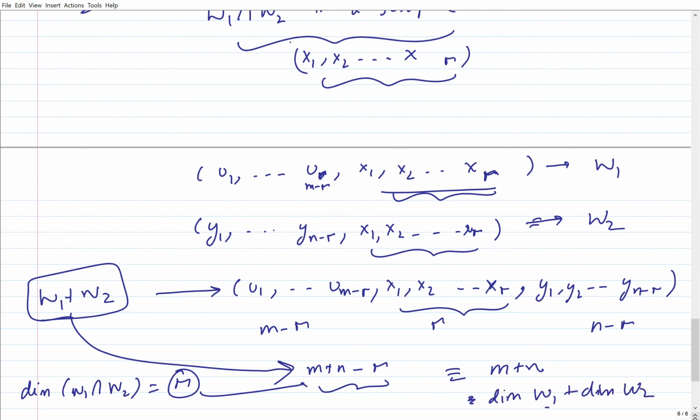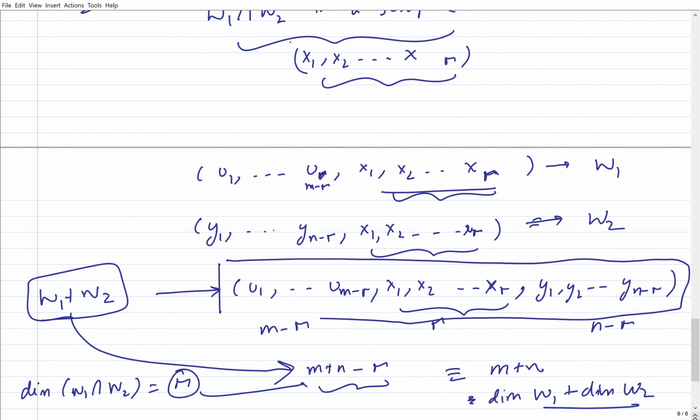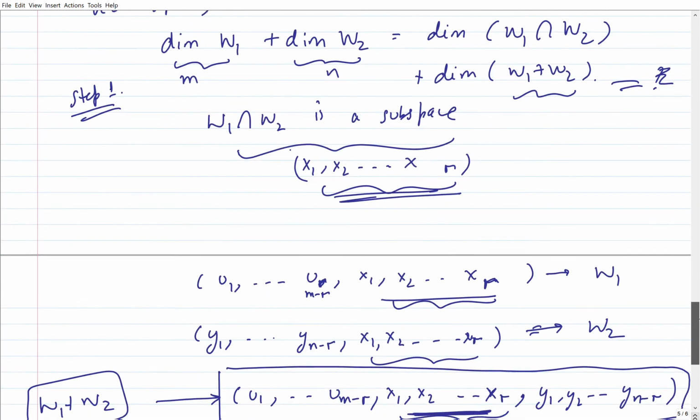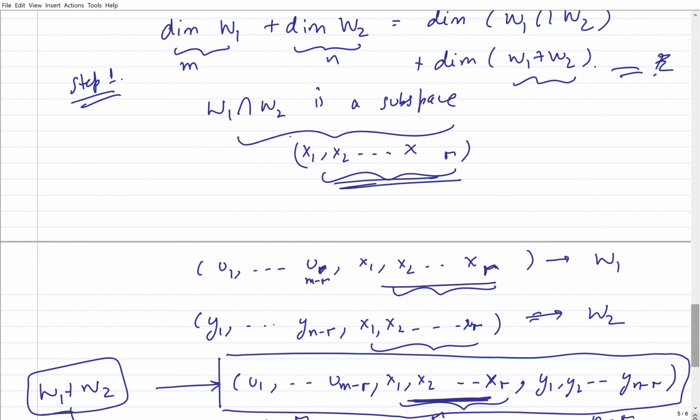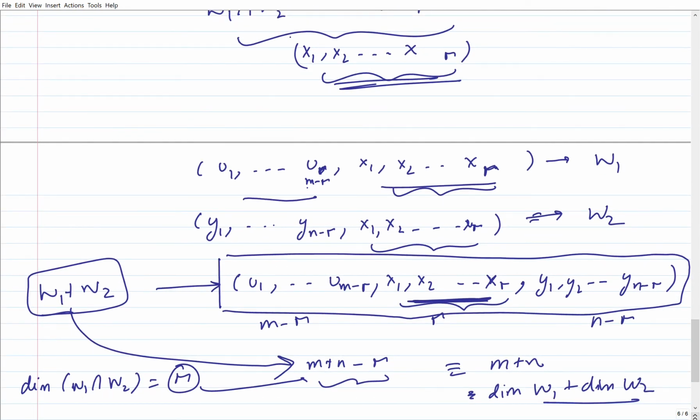So how are you going to prove that this set, where the elements are the basis vectors for W1 intersection W2, and the vectors extending this to a basis for W1 and to a basis for W2, forms a basis for W1 plus W2?